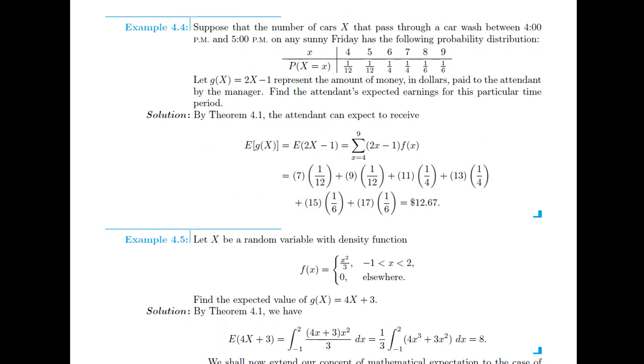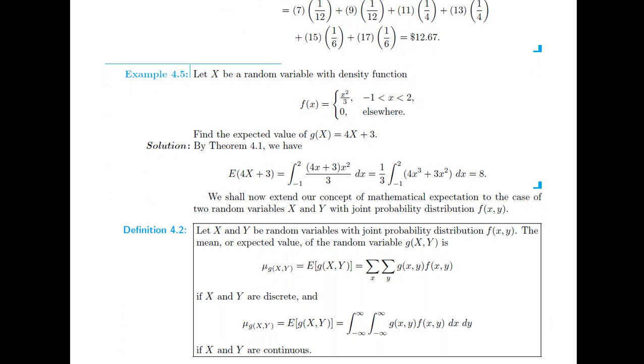Find the attendant's expected earnings for this particular time period. The solution: by Theorem 4.1, the attendant can expect to receive E[g(X)] = E[2X − 1] = $12.67.